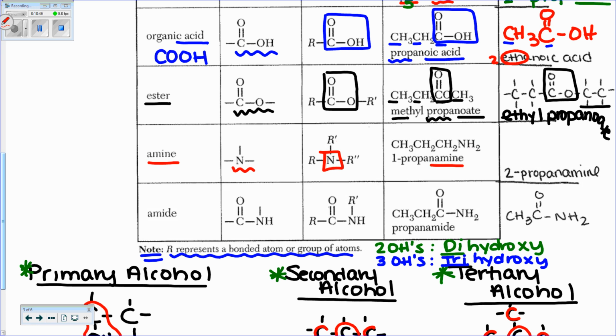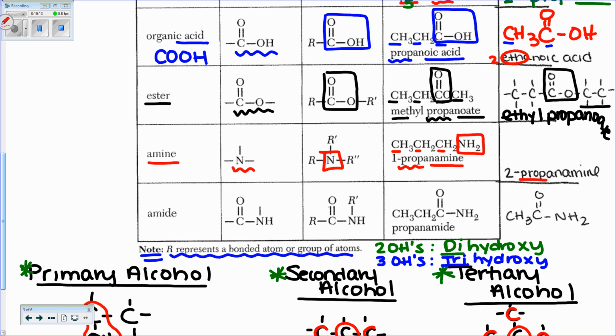Let's see what they're saying. Prop, 1, 2, 3. There's my prop. Here's my amine right here. It's an N. It happens to have two H's on it. That's okay. Just focus on that there's an N. So 1-propanamine. If I was going to go 2-propanamine, let's just copy this because all I'm doing is moving my amine group.